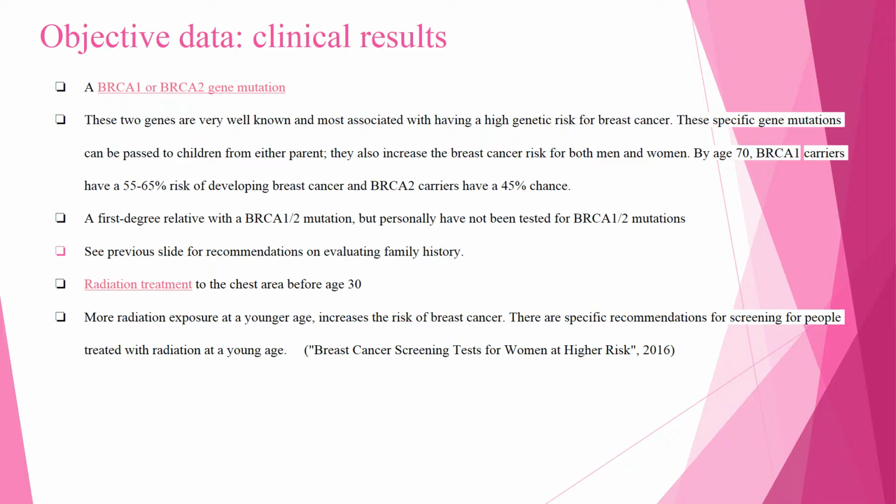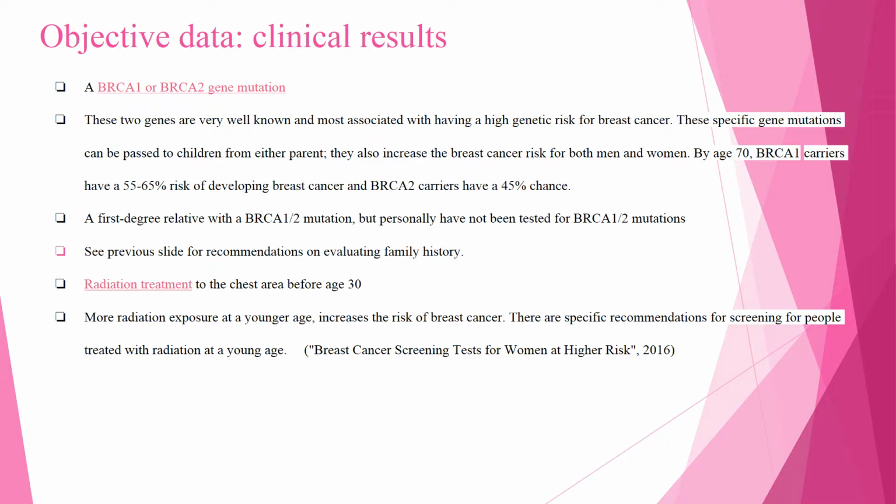Continuing on with some more objective data that you could look for in screening your patients for breast cancer in relation to genetics and genomics are the BRCA1 and 2 gene mutations. These genes are the most well-known and most associated with having a high risk for breast cancer.